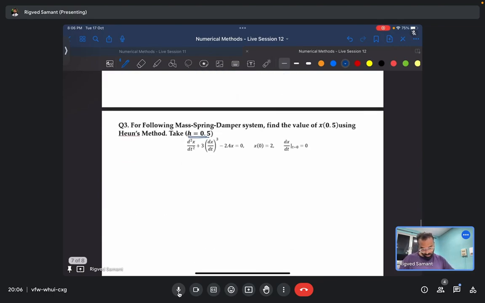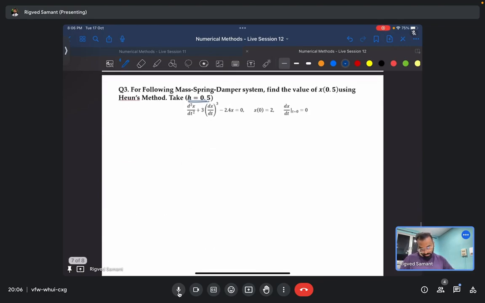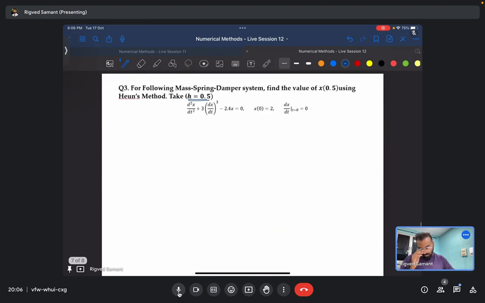For the following mass spring damper system, find the value of x at 0.5 using Heun's method. Take h is equal to 0.5. So we are using a single application. So now first, again, we'll write that equation in this format.